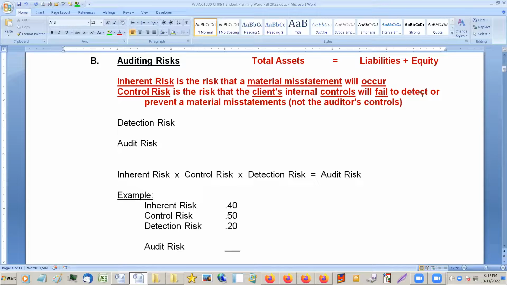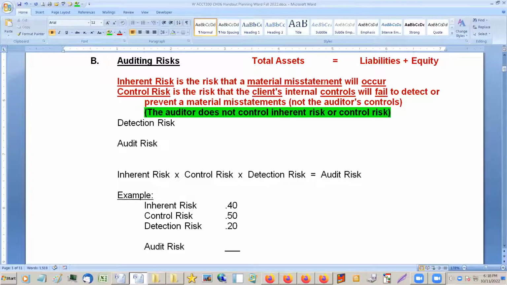The auditor does not control these two risks.